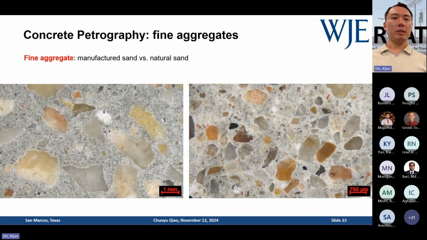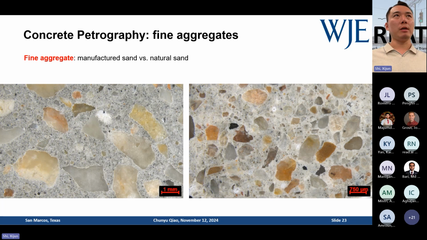And for the sand, the first thing we need to tell is whether this is manufactured sand or natural sand. Those are the pictures. The picture on the left is manufactured sand. I believe that sample is from Costa Rica, because there they have a lot of limestones, from the beach or from their mountains, or they crush the rock to make manufactured sand.